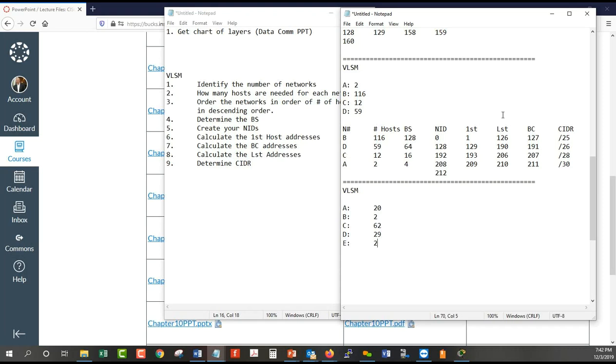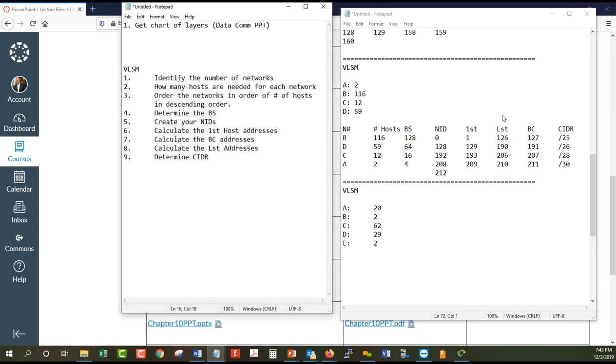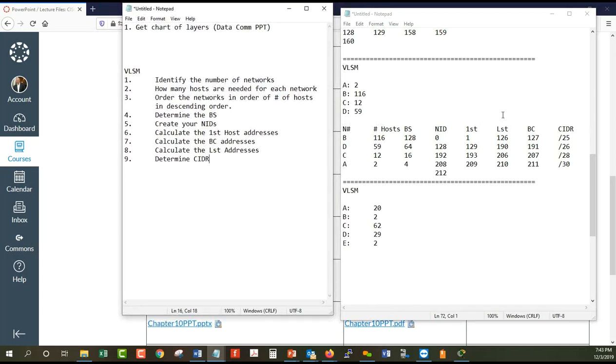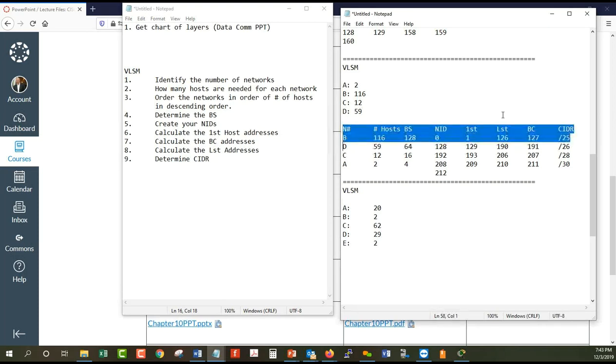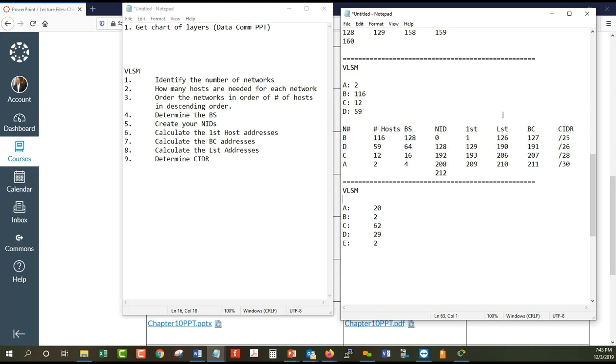So now we've got 5 networks, although it really doesn't matter the number. We've identified the number of networks, and we've identified how many hosts are needed for each network. Next, order the networks in the order of the number of hosts in descending order. So what is my first network going to be here, Greg?